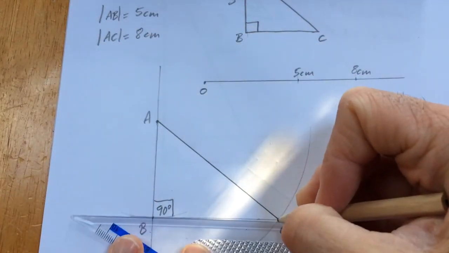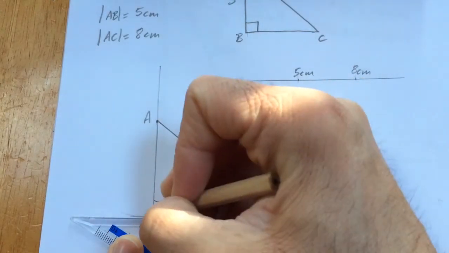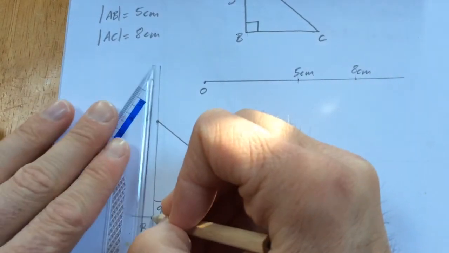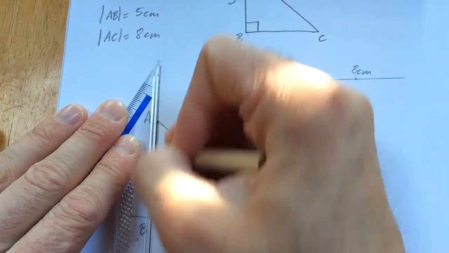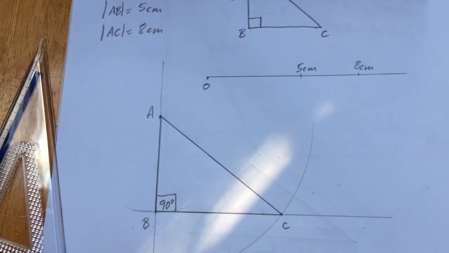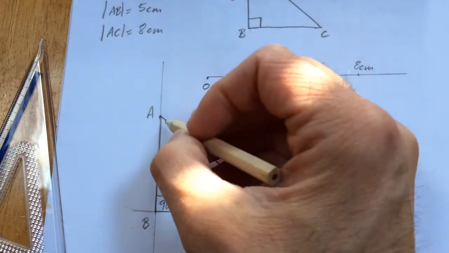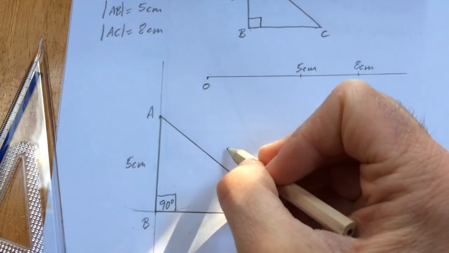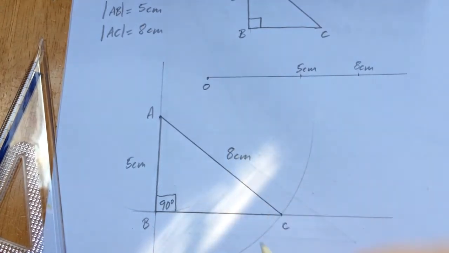And then I heavy in from B to C, and also A to B. I don't rub out the construction lines. What we have here now is the full construction. We have A to B, which should be 5 centimeters. We have A to C, which should be 8 centimeters. And we have angle ABC, which is 90 degrees as requested.